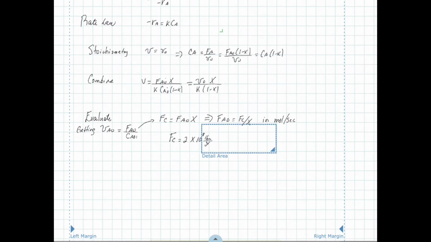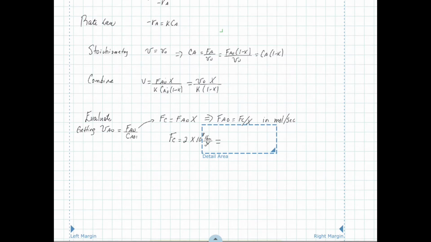I'm not going to get into the details, but basically you need to convert from pounds mass to moles of ethylene glycol, and from years to seconds. Yes, you may need to get information about the molecular weight of ethylene glycol to be able to do this conversion.